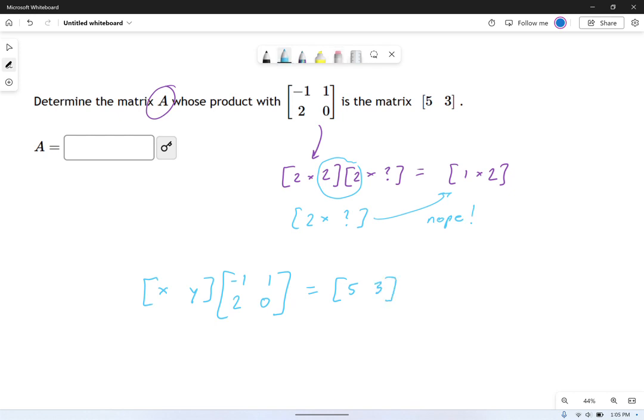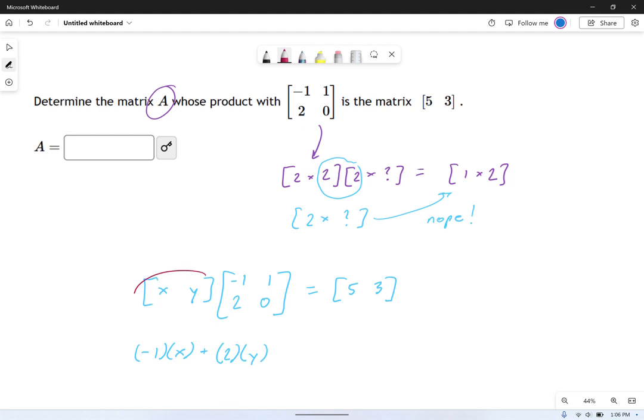And I want to remind you how matrix multiplication works. I'm going to take this row and tip it in here like a watering can and multiply each element of the left matrix by each element in the right matrix, rows by columns. So what that turns into is -1 times x plus 2 times y. Do you see how I am matching these up?